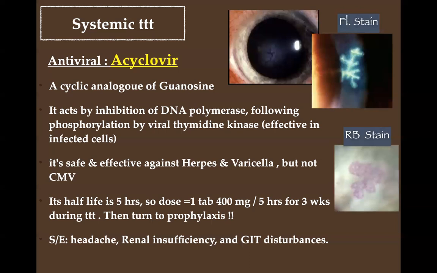Its half-life is 5 hours, so the dose should be 1 tablet of 400 milligrams per 5 hours for 3 weeks during treatment, then turn to prophylaxis. The side effects could be headache, renal insufficiency, and GIT disturbances.